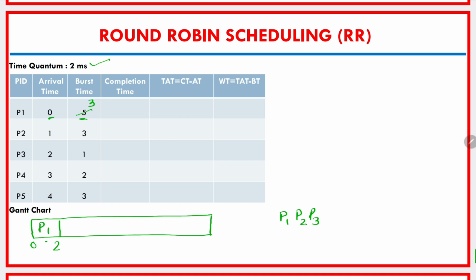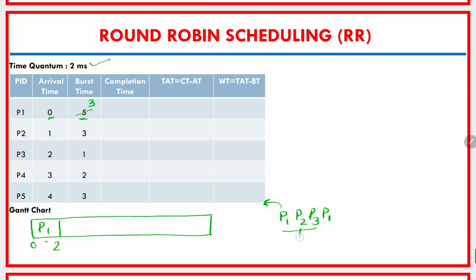Which processes are at present in the ready queue? They are in this sequence. P1 was shifted to the CPU for execution, and P2 and P3 were there. Now P1 is preempted, so P1 enters the ready queue and waits for its next turn. Which is the next process in the queue? It is P2.